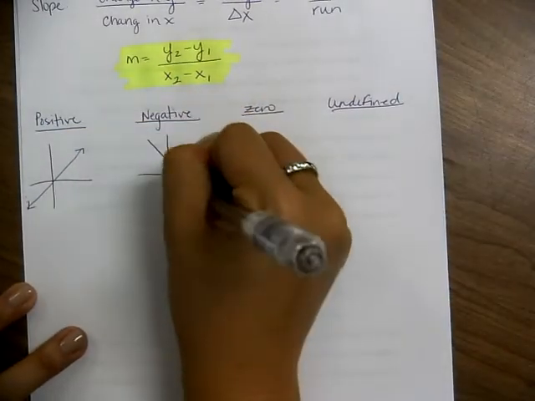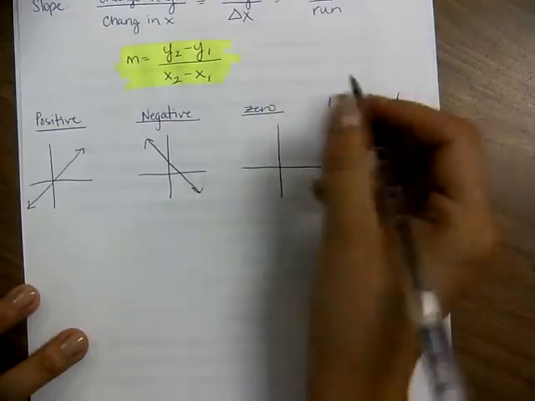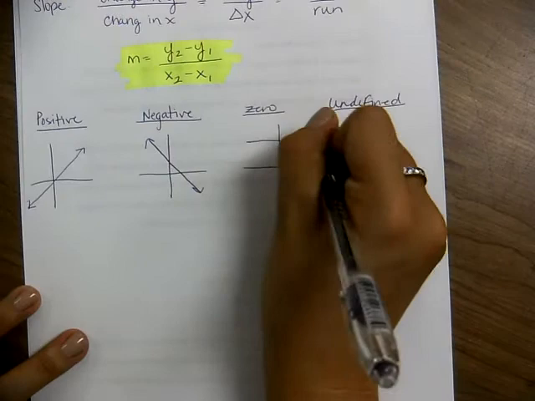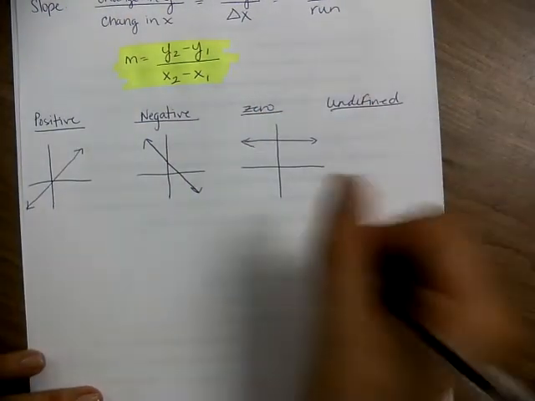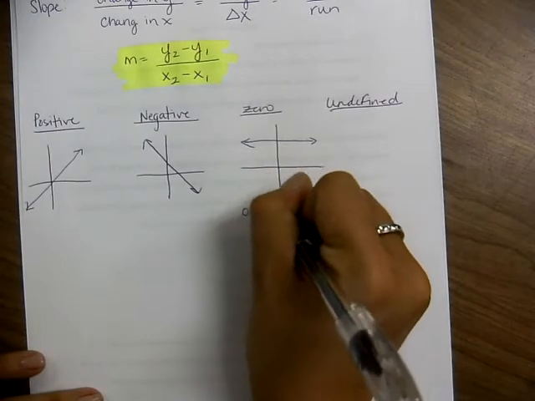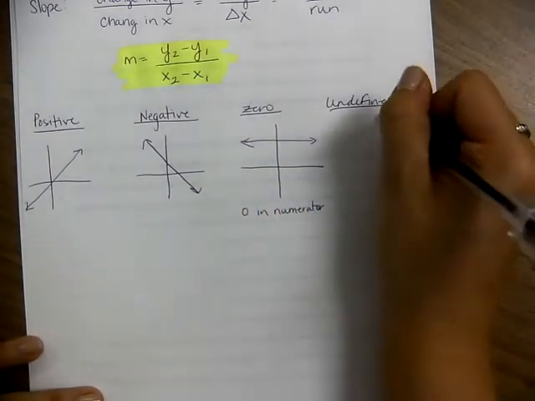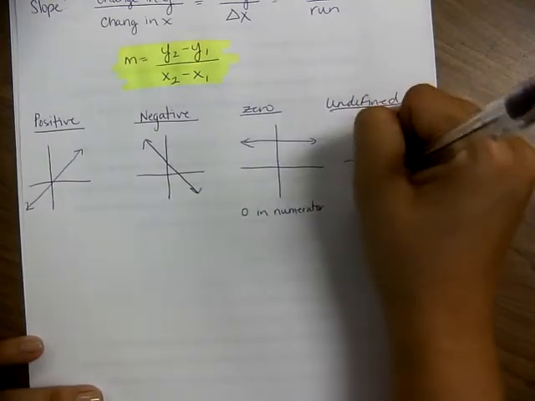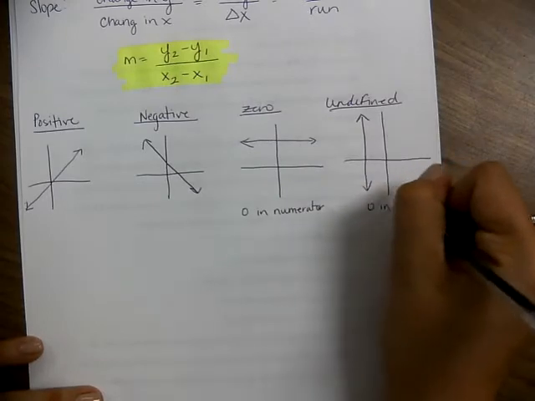Negative slope falls from left to right. A slope of 0 is that horizontal line. Okay, so when m equals 0, this is when you have a 0 in the numerator. Then you have a 0 slope. An undefined slope is a vertical line, and that's when the 0 is in the denominator.